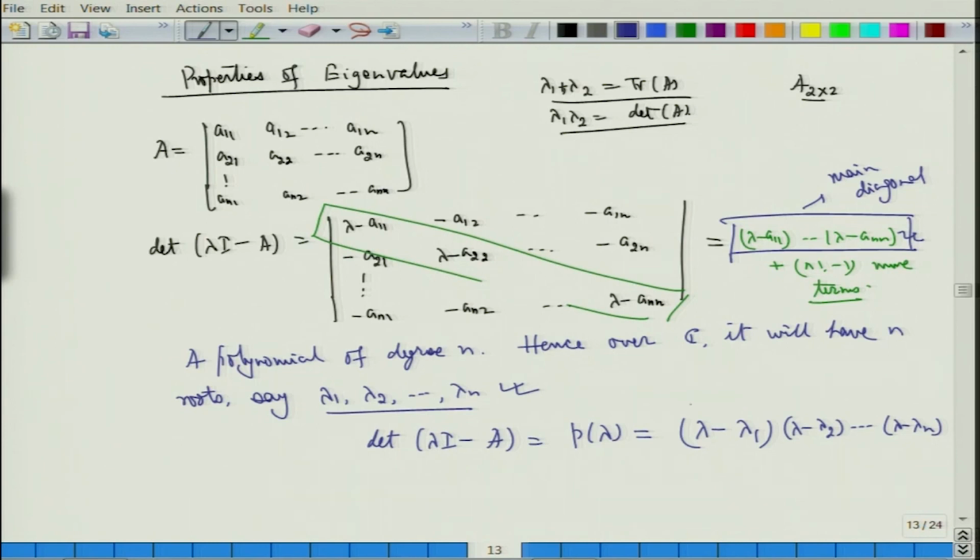And look at the coefficient of lambda to the power n. The coefficient of lambda to the power n here is 1, and the same thing is true here also, that the coefficient of lambda to the power n is 1, and hence everything makes sense, there is no problem here. We generally write it in terms of the product of lambda minus lambda i, i equal to 1 to n.